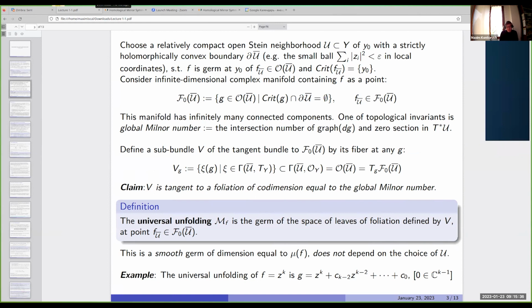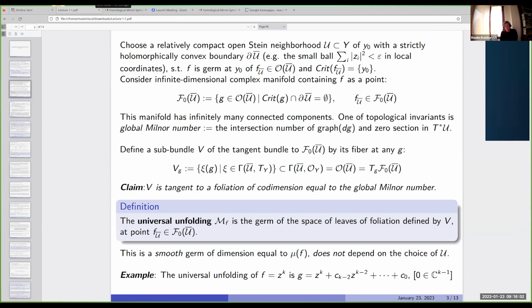So it's canonically associated with F, a germ of a finite dimensional manifold. It has dimension equal to this Milnor number, and the dimension and this germ don't depend on the choice of this auxiliary open neighborhood. If you stick one to another, you get an identification of these germs. Yeah, it's a kind of geometric definition of this universal unfolding.